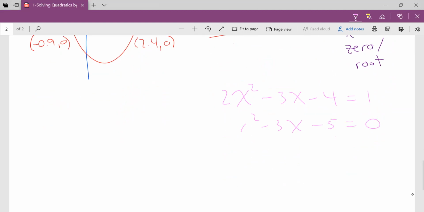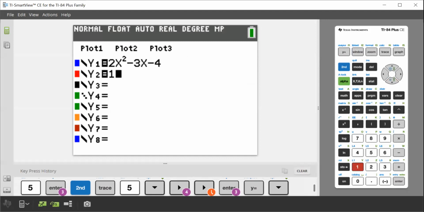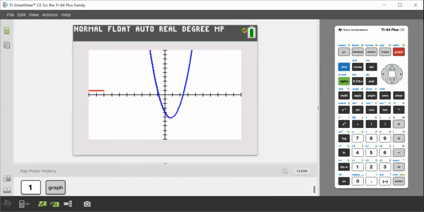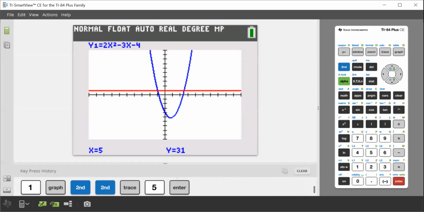Because I said earlier an equation doesn't have to be equal to 0. So what we could do here, if it's not 0 and I don't want to do any algebra, is I go to my graphing calculator, and instead of making y2 equal to 0, I'm going to make y2 equal to 1. And guess what? I would simply just find those points of intersections.